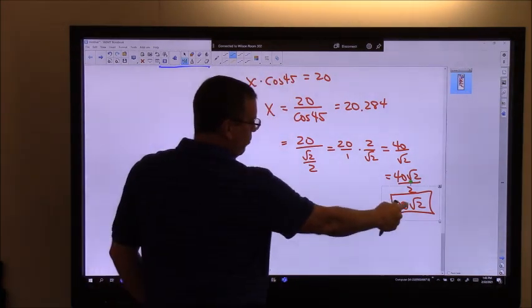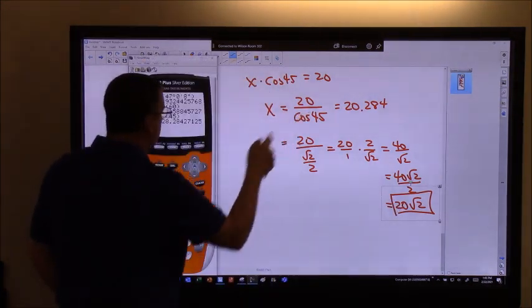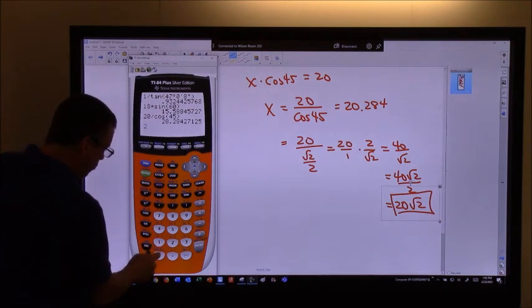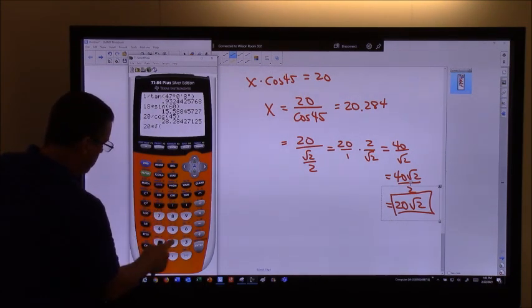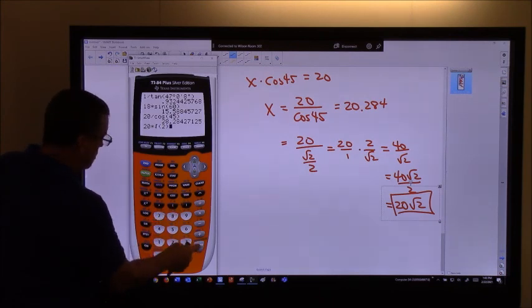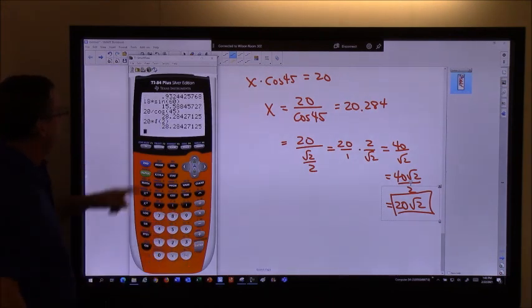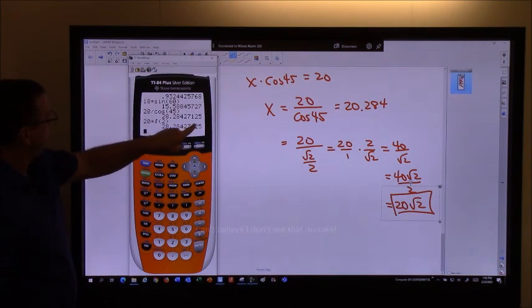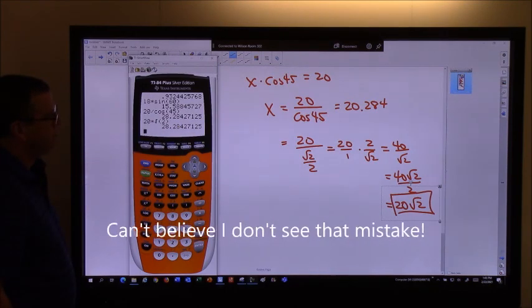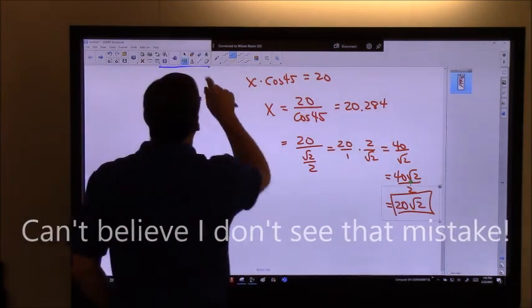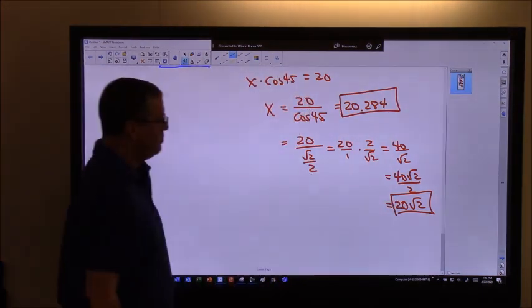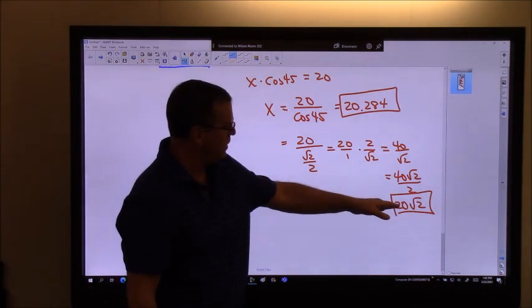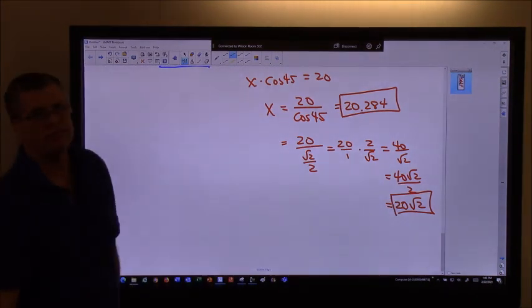So if I do 20 times √2, does that give me that same number? 20 times the square root of 2. Yep, exact same number, digit for digit. So I'm happy with either one of these, unless the directions say give an exact answer, then we need to do this one down here.